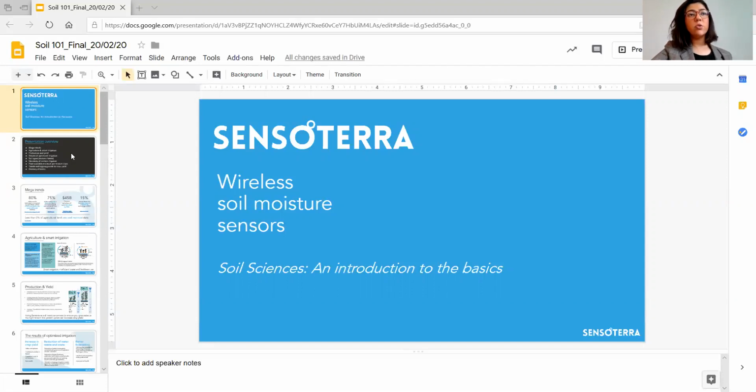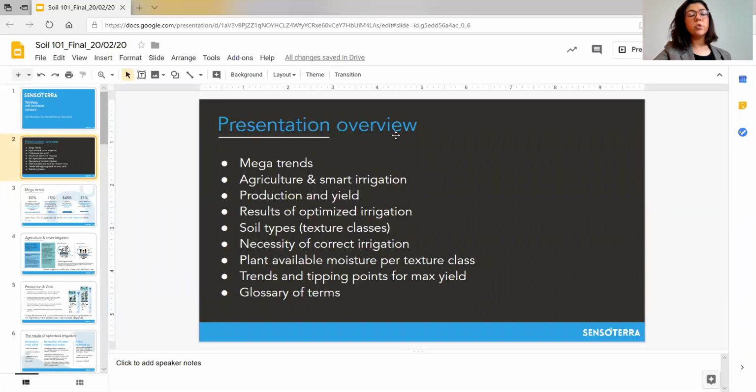As an overview, I will talk about megatrends, agriculture and smart irrigation, production and yield, results of optimized irrigation, soil types, so to talk about the texture classes, the necessity of a correct irrigation, plant available moisture per texture class, trends and tipping points for achieving max yield, and a glossary of terms in case you want to go and check some terms that we are talking here in the presentation.